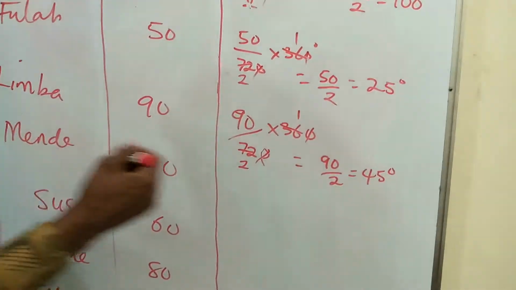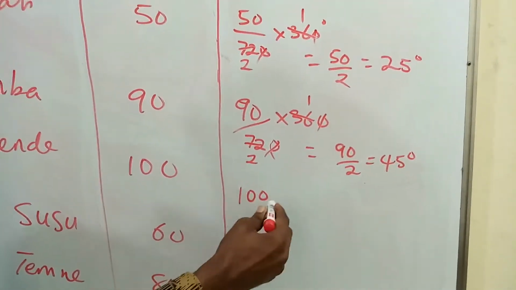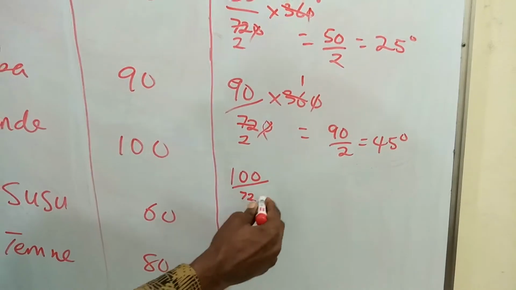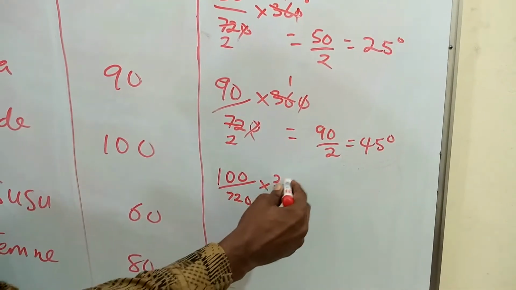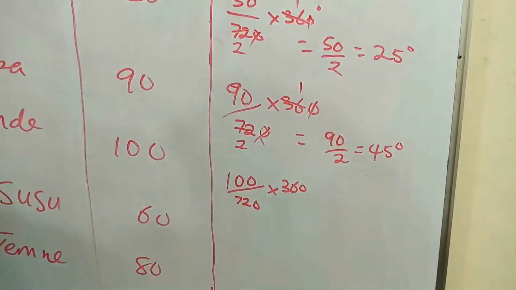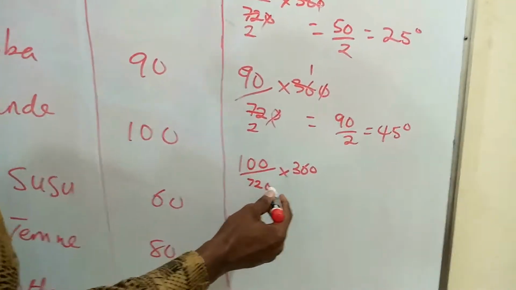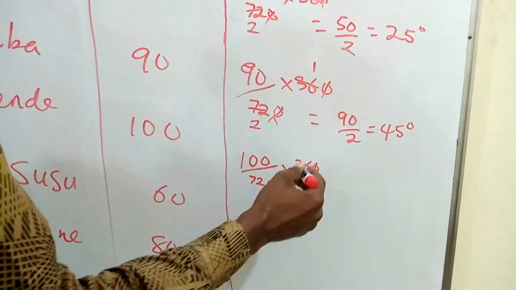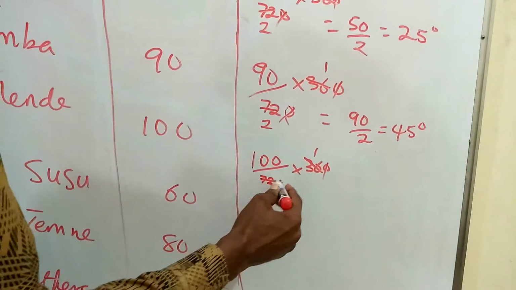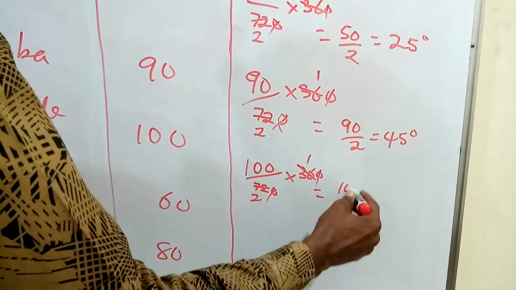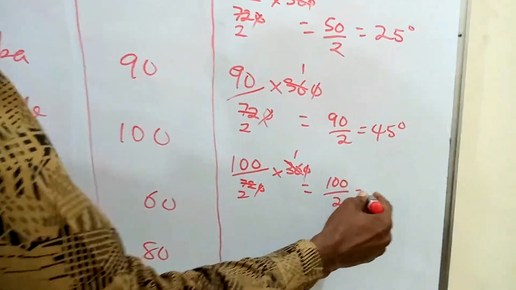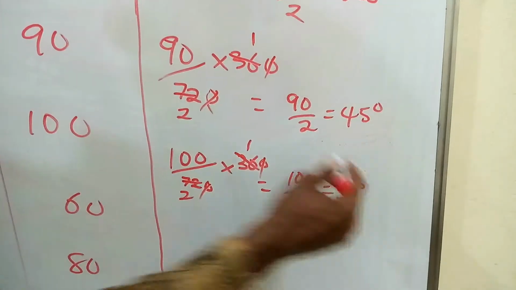For Mende, we have 100 all over 720 times 360. We cancel this. Here is 1, 2. We have 100 all over 2, 50 degrees.